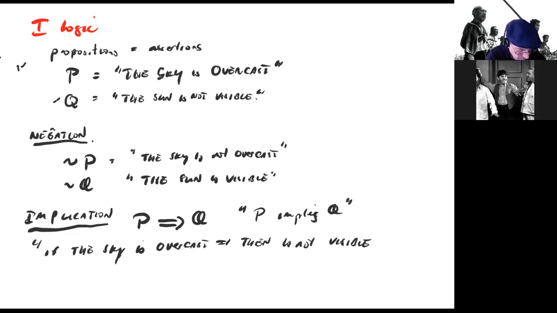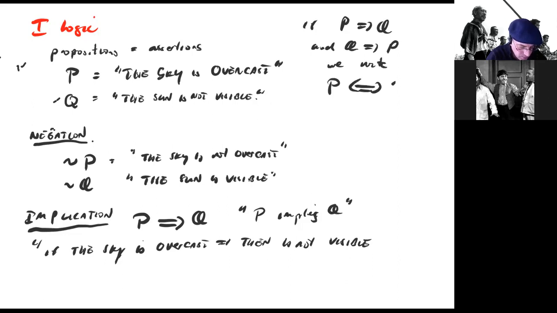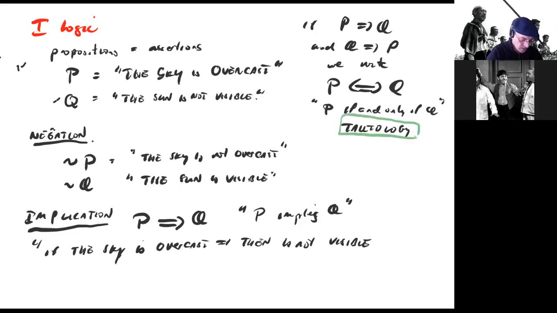If P implies Q is true and Q implies P, we write P if and only if Q, and this is called a tautology.